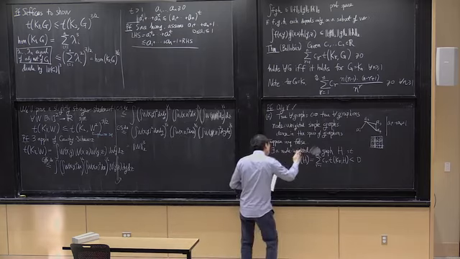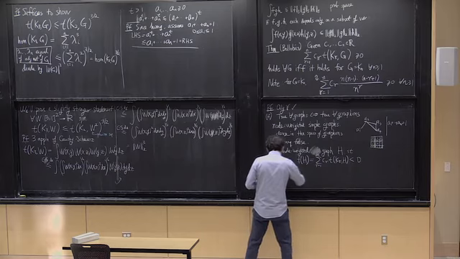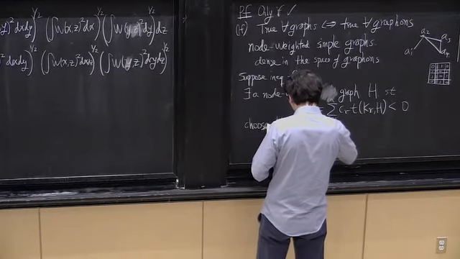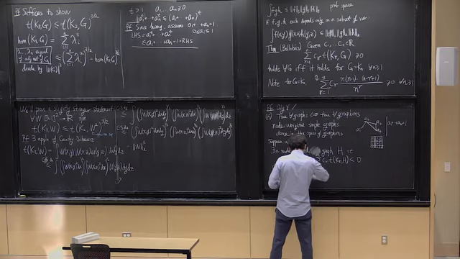So among all the possible H's, let's choose one that is minimal in the sense that it has the smallest possible number of nodes.